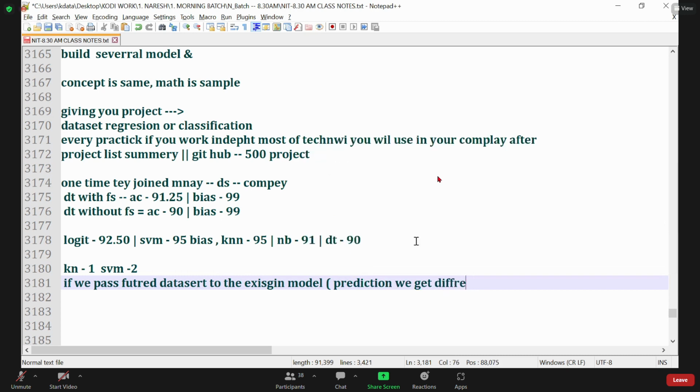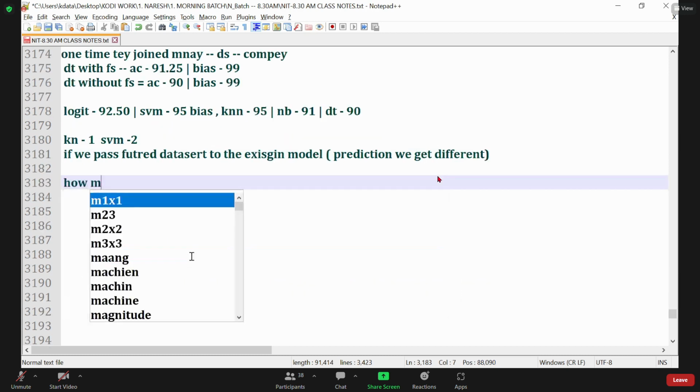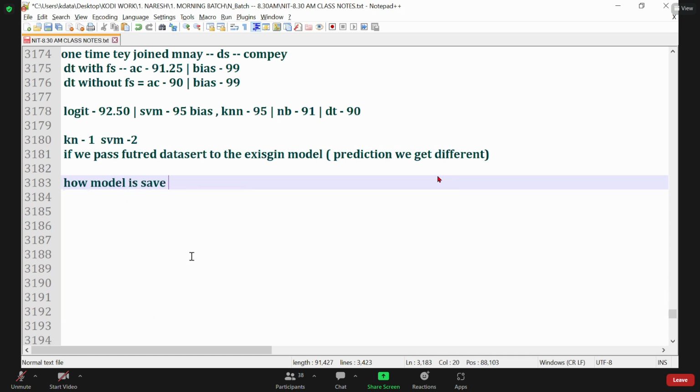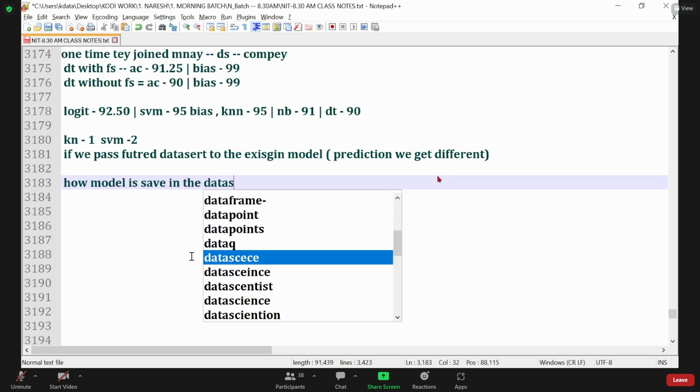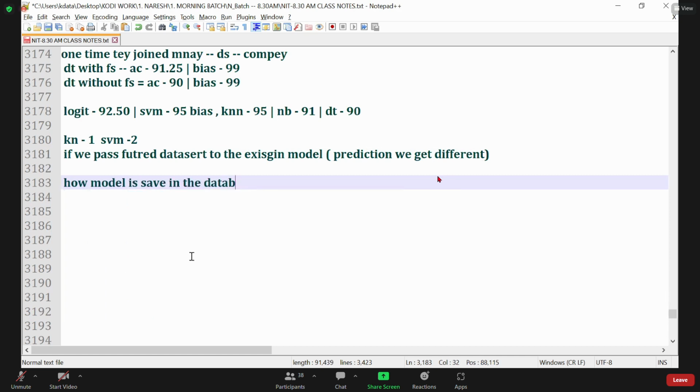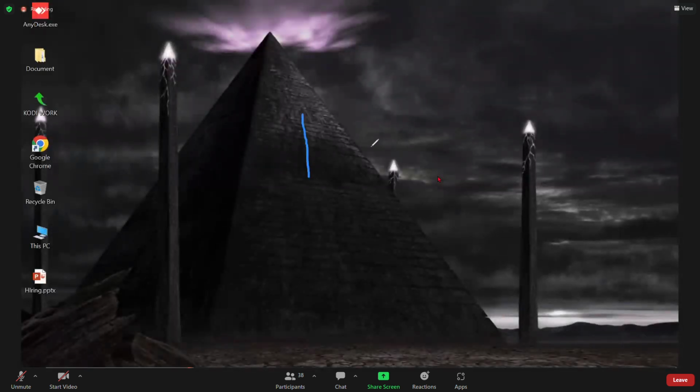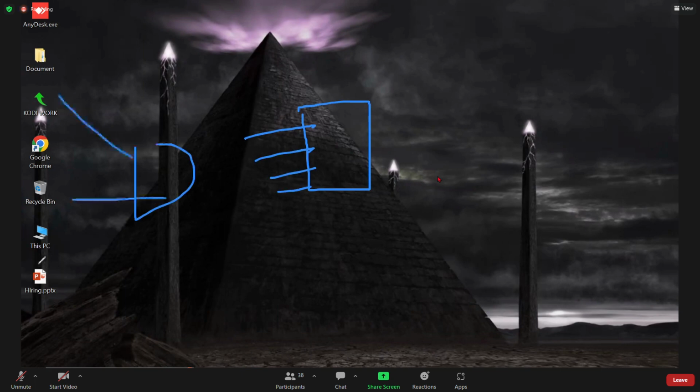Let's understand. I will tell you how the model is saved in the database. Are you getting my point? So what I'm trying to say, let's look at this. This is the DB. In the database, all the records are passed every day, or not? Every day the records are generated, because they are connected with several databases.